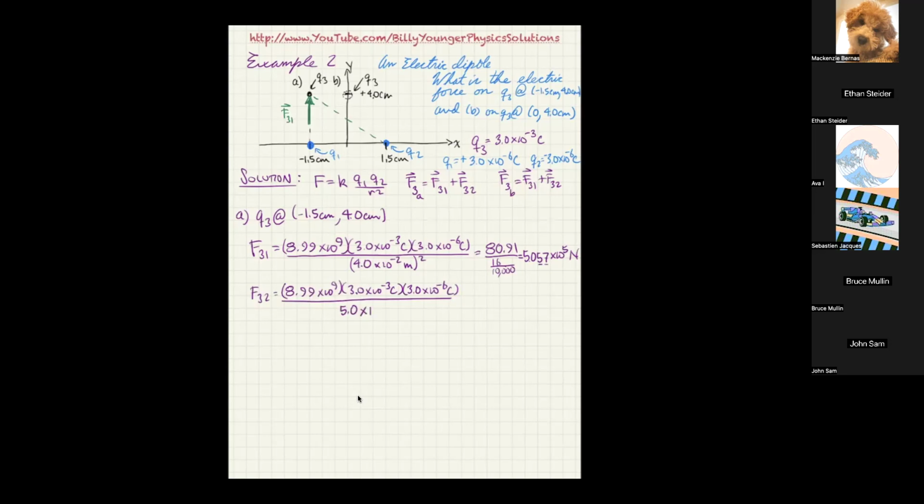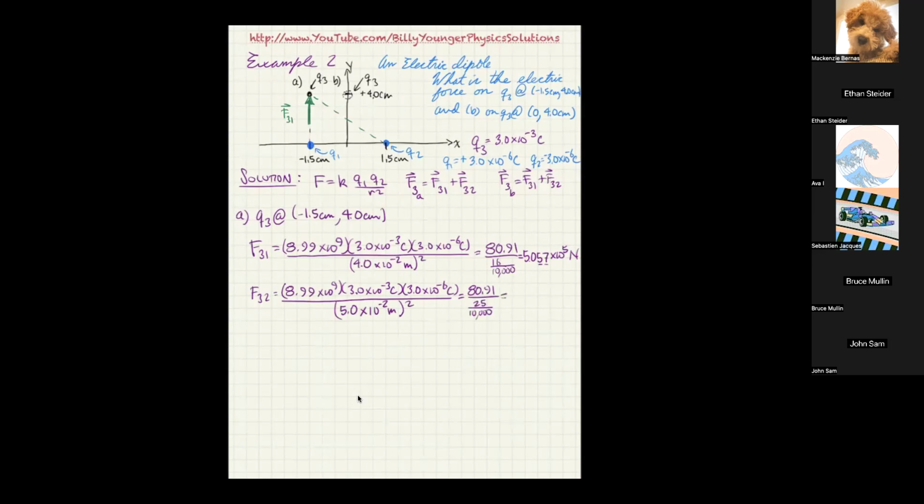So I'm going to write that as 5.0 times 10 to the negative 2 meters. And then I'm going to square that. And I don't know why I chose to write the meters in there when I was distinctly trying not to put the units in, but here we are. So this one's going to be 80.91 again over, and this time it's going to be 25 over 10,000.